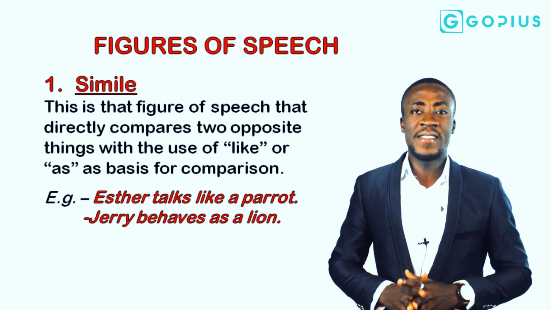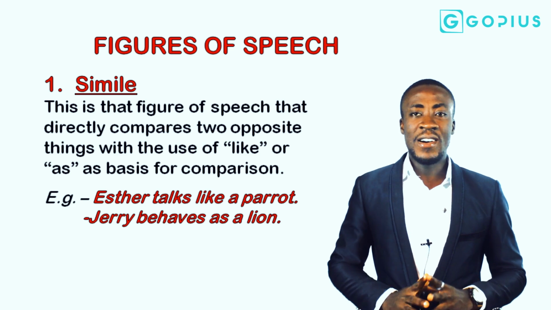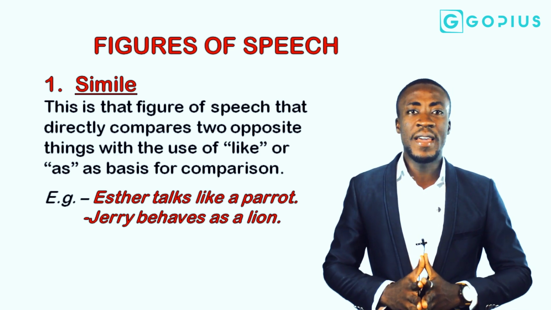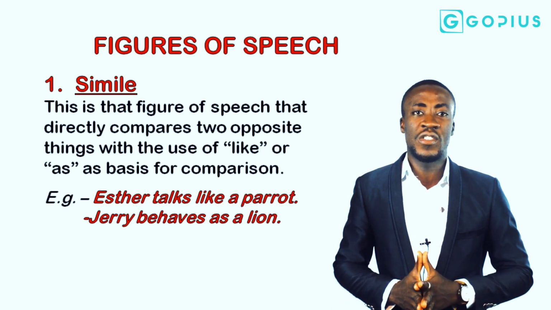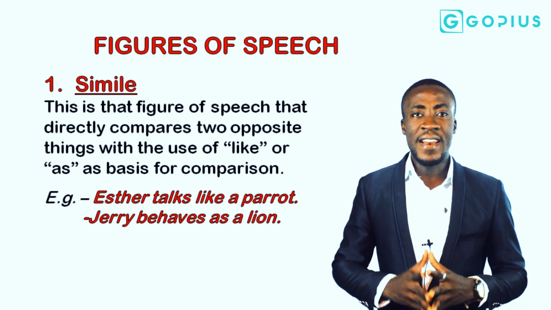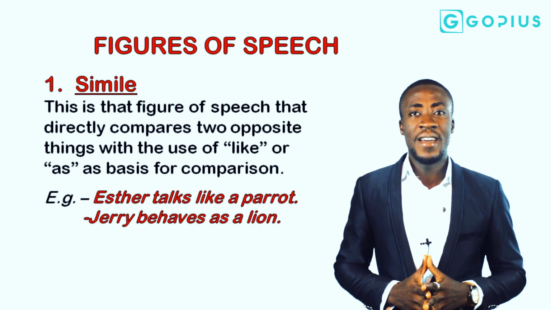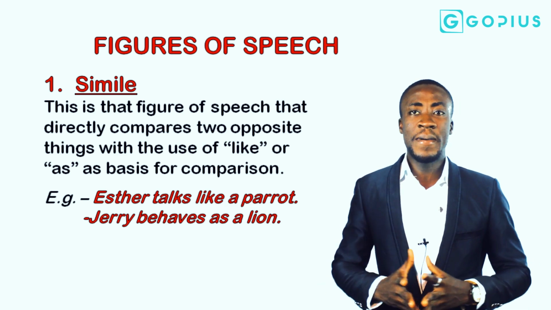Now, in the first example, Esther talks like a parrot, and in the second, Jerry behaves as a lion. You will agree with me that there are two opposite concepts in the two explanations. The first is Esther and the second is parrot, a human being and an animal. And the second is also a comparison between a human being and an animal.